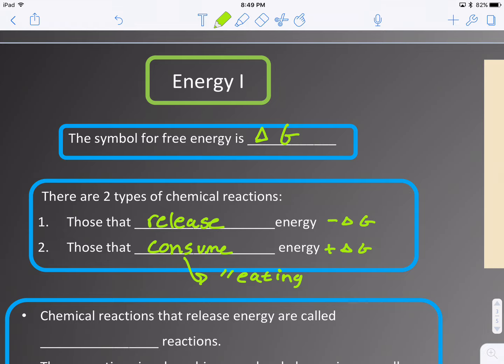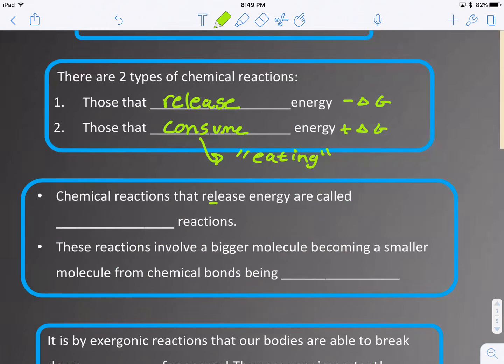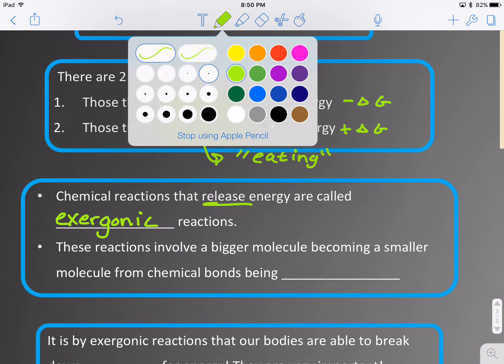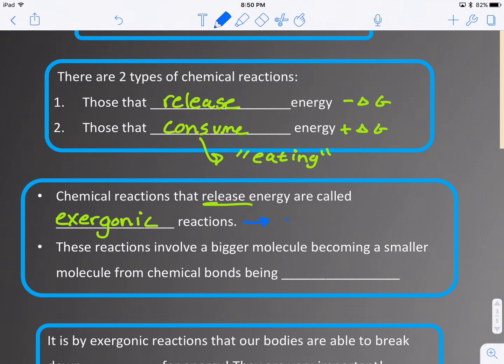The reactions that release chemical energy, these are called exergonic. Exergonic reactions, okay? Remember, these have a negative delta G, okay? I know that's not clear, so I'm going to try writing this in yellow as well.